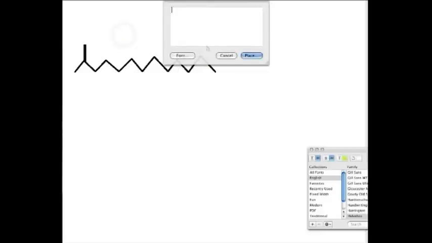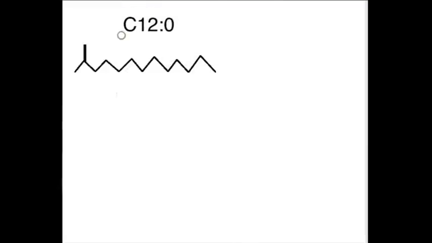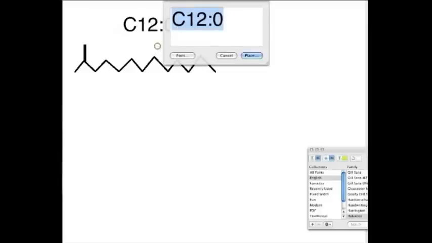And that's C12:0. Also, if there are no double bonds, it does not have an omega nomenclature.